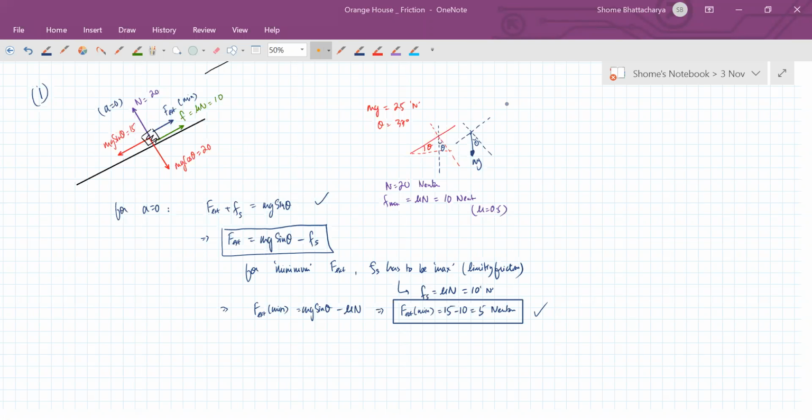Now similarly make the adjustment in the second part, where the external force is not acting along the inclined plane, rather it is acting horizontally.